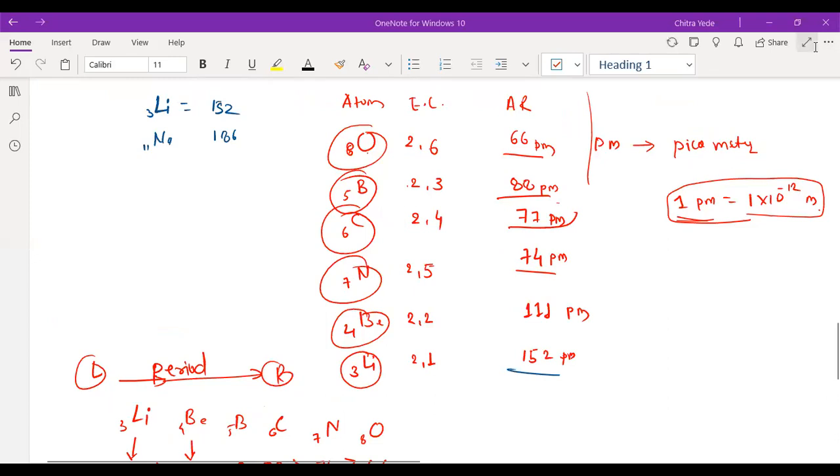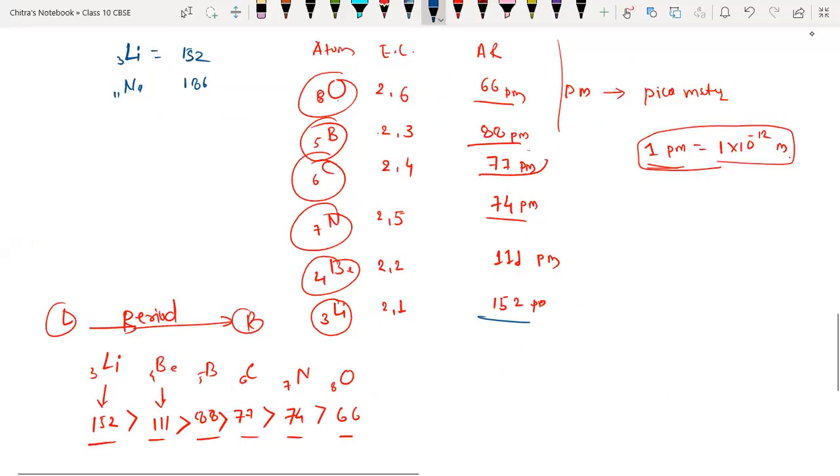After sodium, we have potassium. Its atomic number is 19 and its atomic radius is 231. After potassium, we have rubidium, Rb.